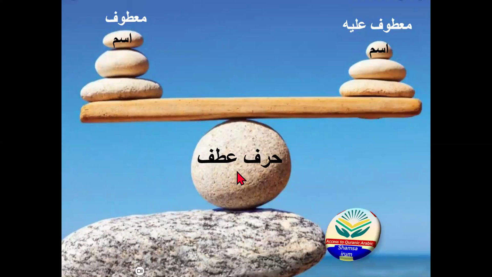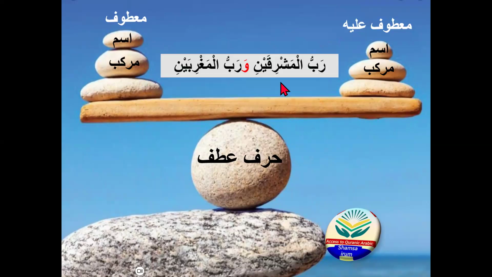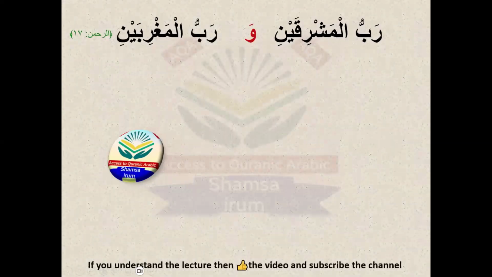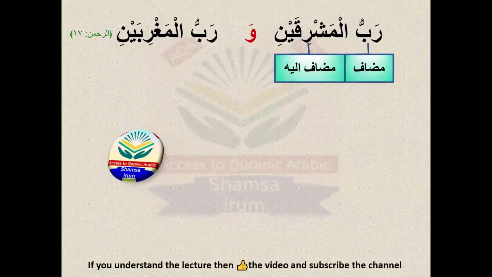Here I will explain in this slide the same thing, how harful atf keeps the balance: if matufun alay is a murakkab, meaning a phrase, matuf will also be a murakkab, meaning a phrase. Both parts should be phrases. I will explain this part of the ayah in the next slide, inshallah ta'ala. So let's move. Rabbul Mashriqaini. They both are mudaf and mudafun ilay. I don't want to explain this because you already learned in detail about murakkab izafi.